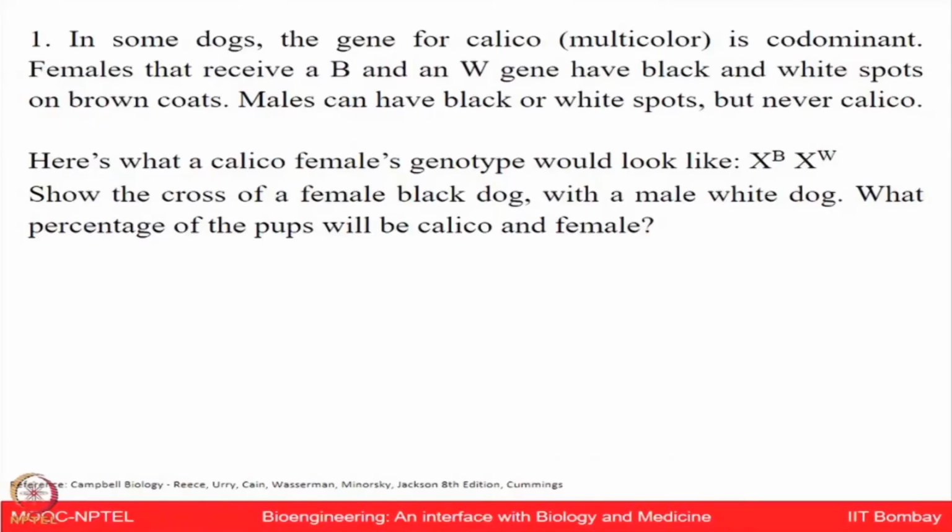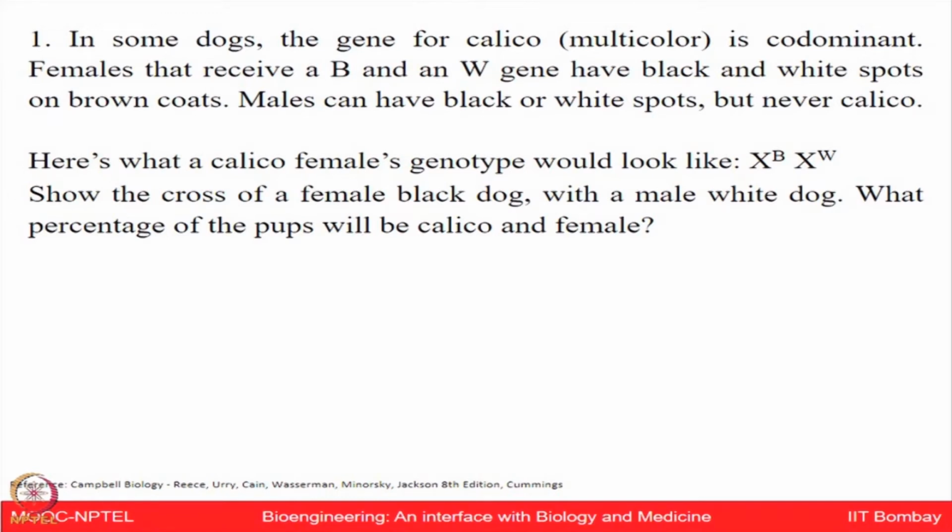In some dogs, the gene for calico multicolor is codominant. Females that receive a capital B and a capital W gene have black and white spots on brown coats. Males can have black or white spots, but never calico.